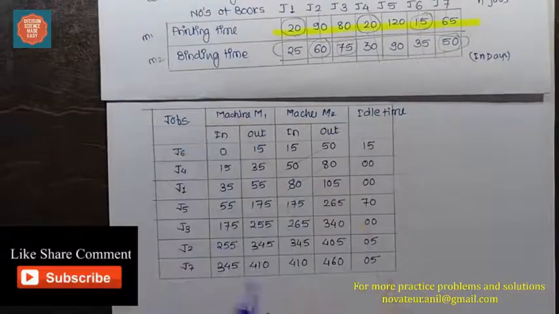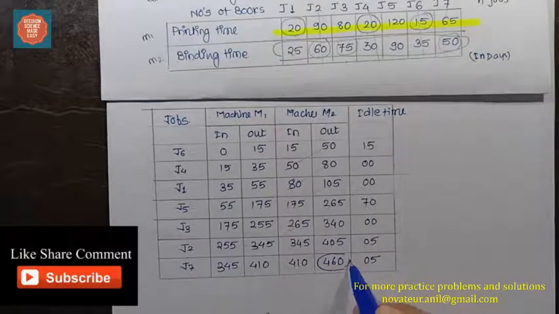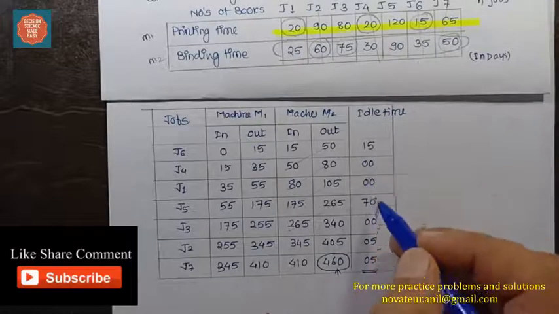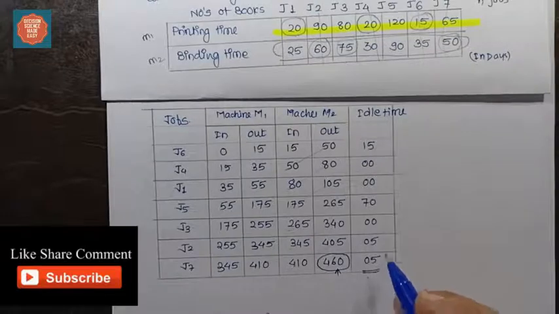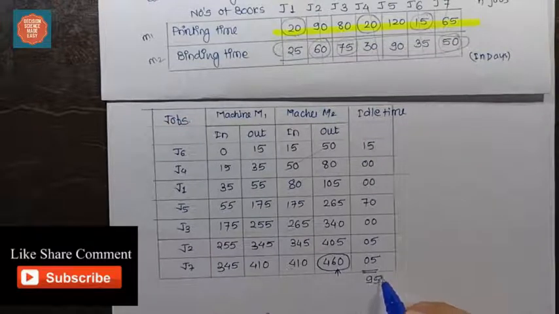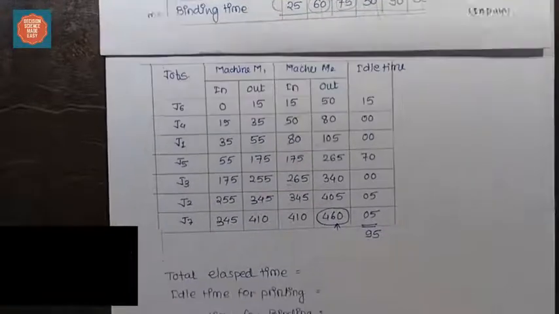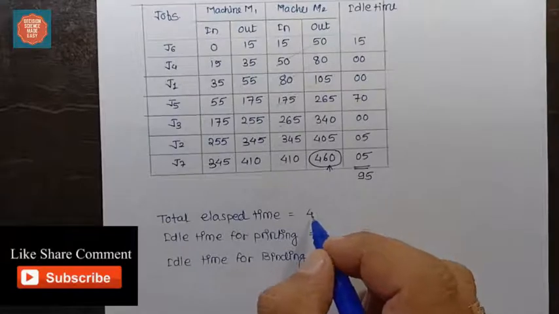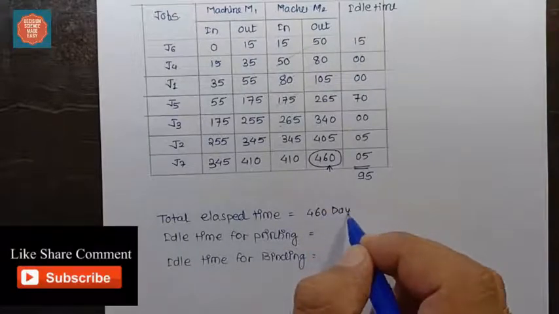So the table is ready. Now let me tell you, this value 460 is nothing but the total elapsed time. I need to sum up these idle values. This will be 15 plus 70 and 5, 5. This is nothing but 95. So what I get is the total elapsed time is 460 days.